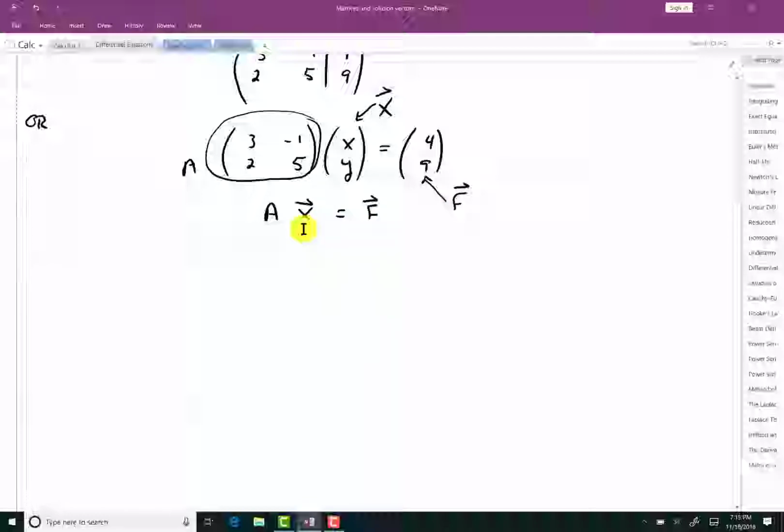Now in these representations, I'm using x with an arrow over it to represent a vector.